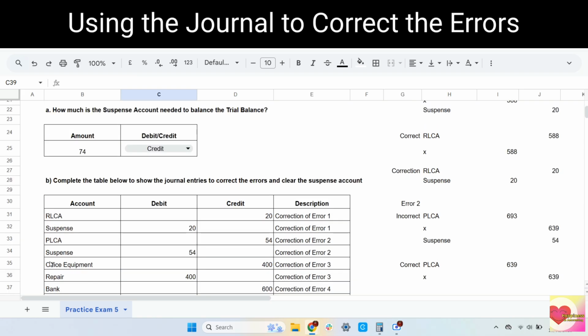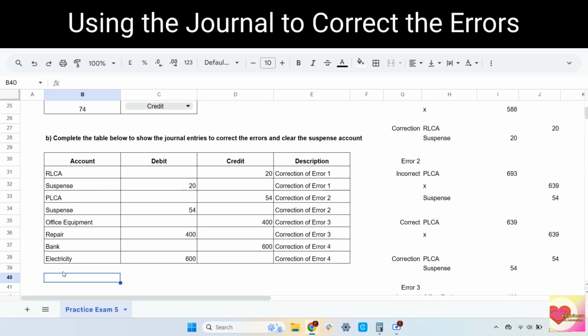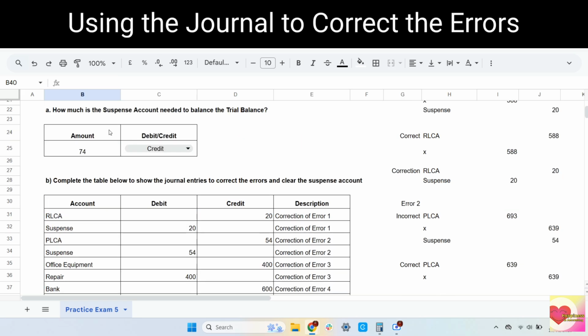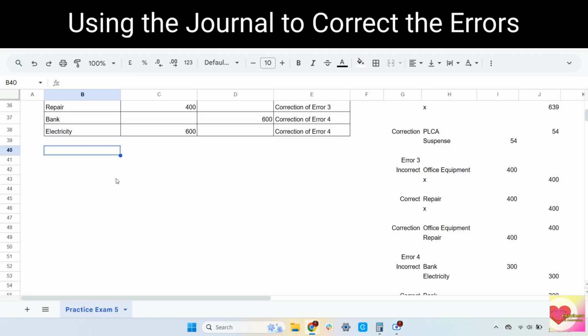We're done answering all the questions, but we have to double check if our suspense account is now cleared. Let's create a suspense account and enter the difference in the trial balance, which is 74 in credit.